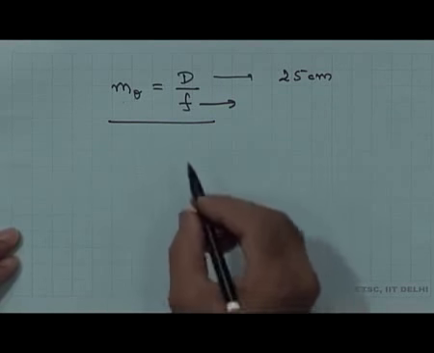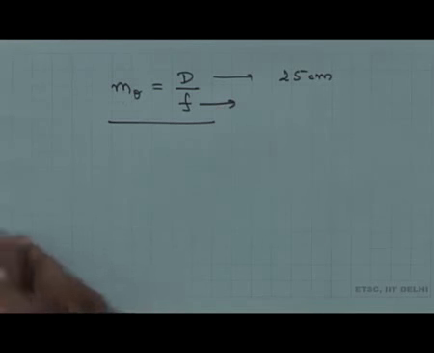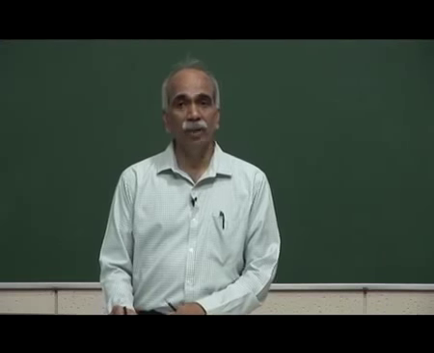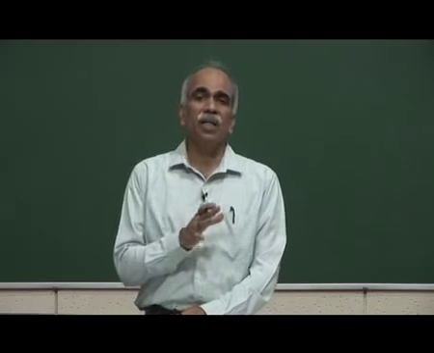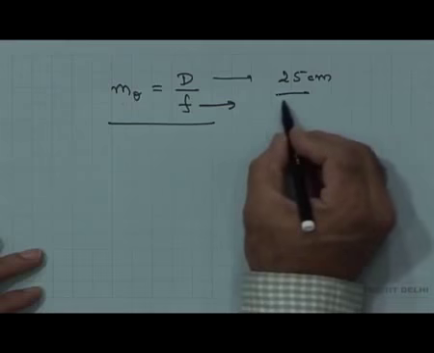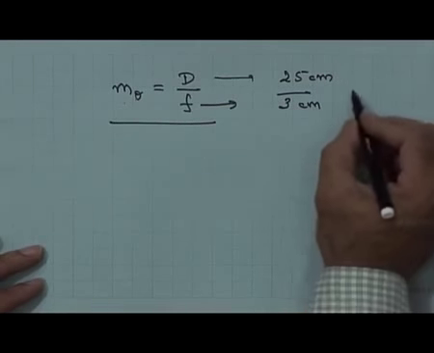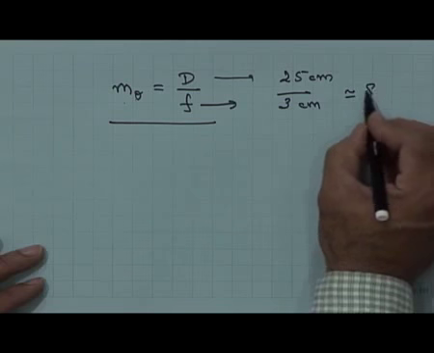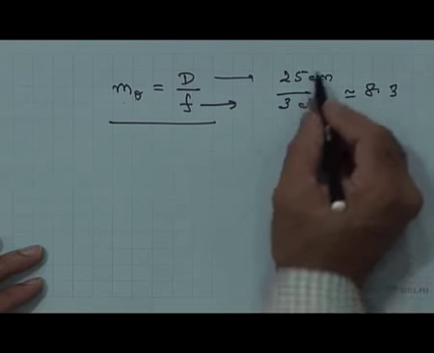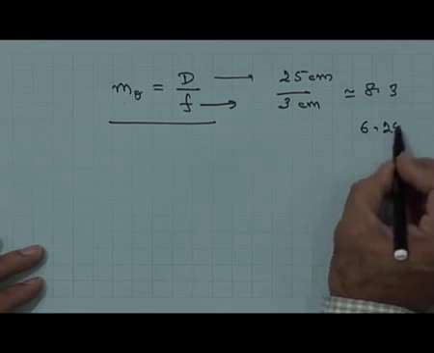But in general f cannot be reduced beyond a certain limit for practical reasons, and therefore, f is generally about 3 to 4 centimeters. If you substitute 3 centimeters, this will be equal to 8.3. If you substitute 4 centimeters, this will be equal to 6.25.